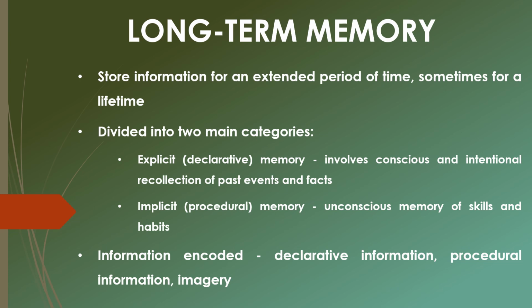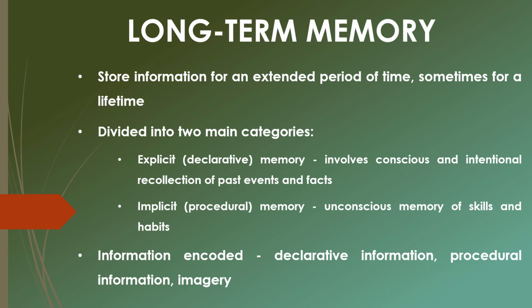Next is implicit memory. It is the unconscious memory of skills and habits. For example, riding a bike even if you have not done it in years, or typing on a keyboard without having to consciously think about where the keys are located. These are examples of implicit memory. That is the unconscious memory of skills and habits.